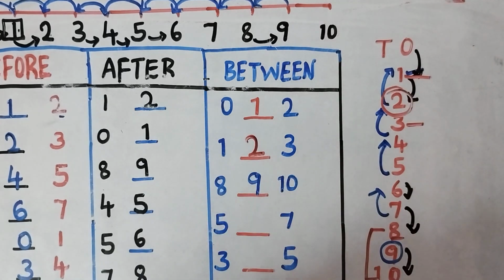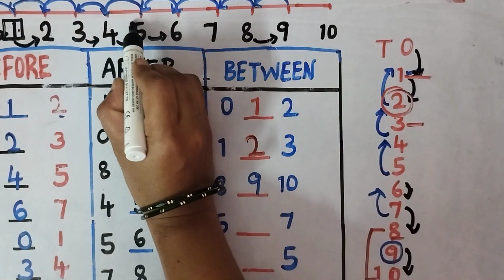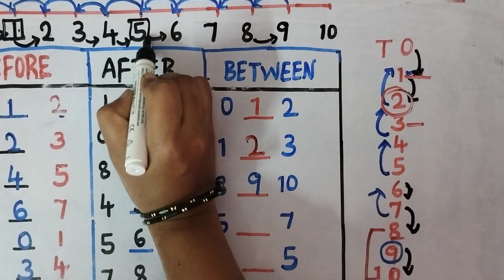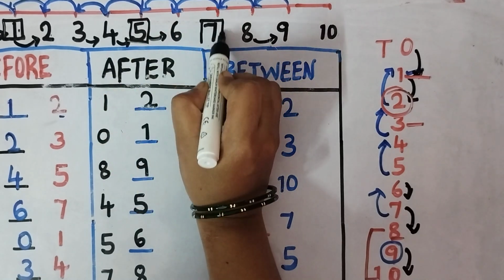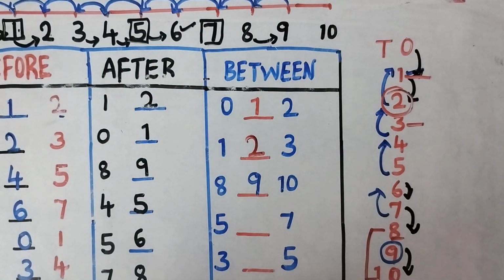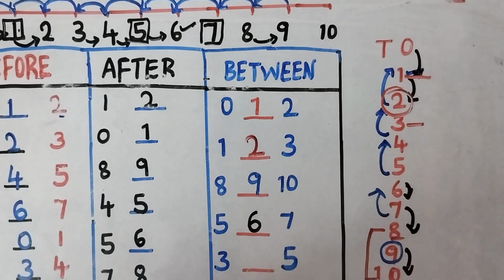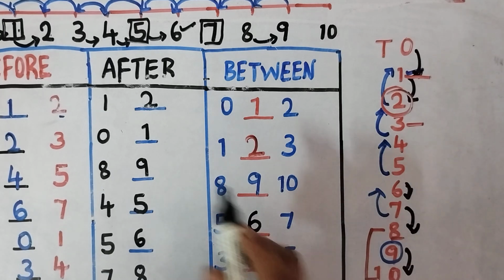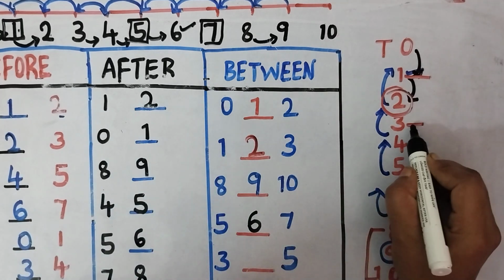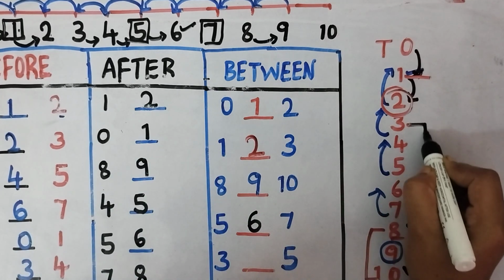8, 9, 10. Next, between 5 and 7. What comes here? 6. Between 5 and 7, the middle number is 6. Next, between 3 and 5. Here is the 3 and here is the 5.